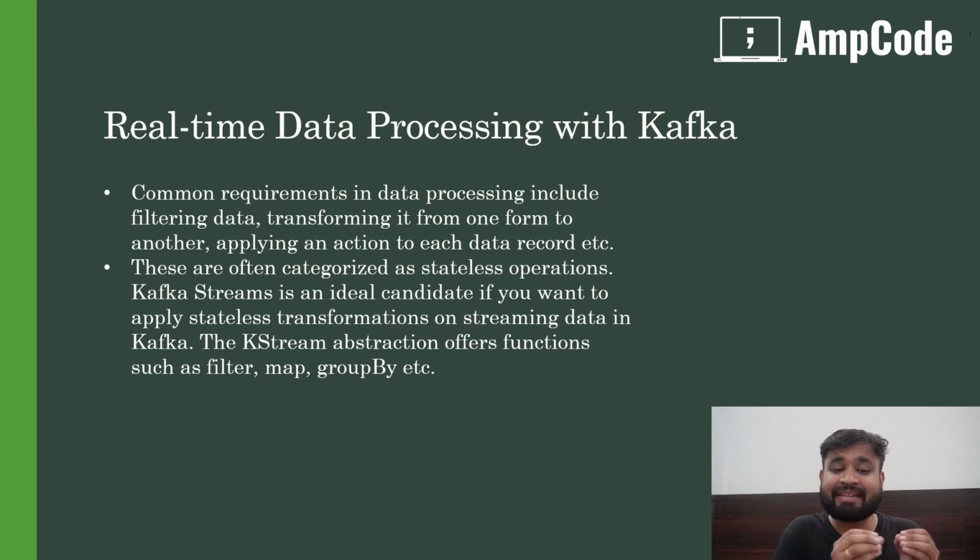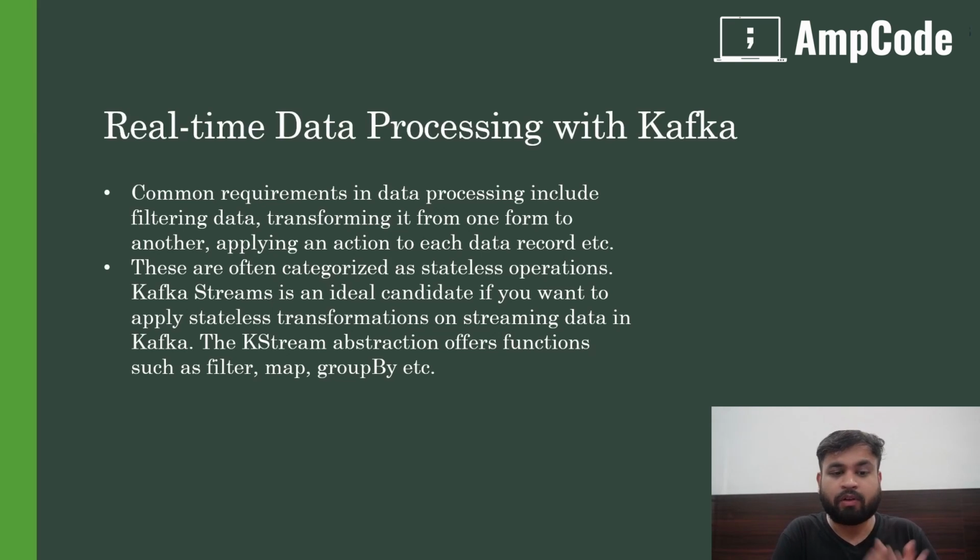The KStream abstraction of Kafka Streams will offer you functions such as filter, map, group by, etc. These functions we already know how they work under the hood, because they are similar to Spark itself. The functionality will be very similar to Apache Spark.